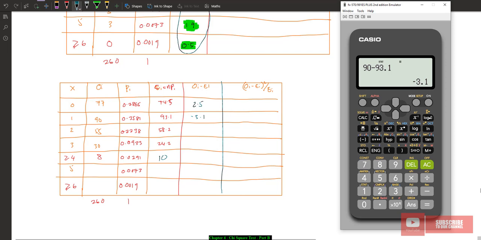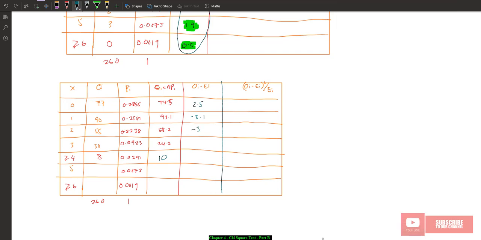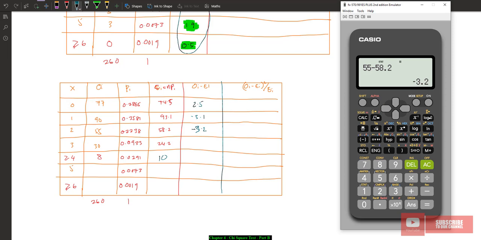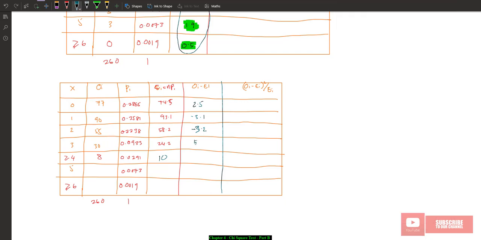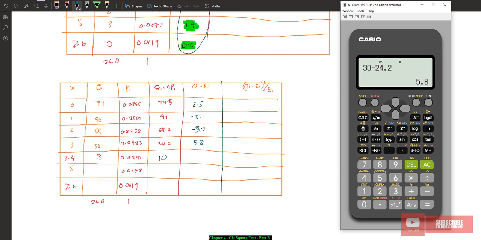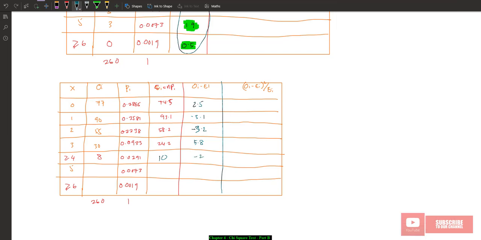And then 55 minus 58.2, this is negative 3.2, right? And then 30 minus 24.2 should be 5.8, and then 8 minus 10 should be negative 2, right? So this is negative 2.